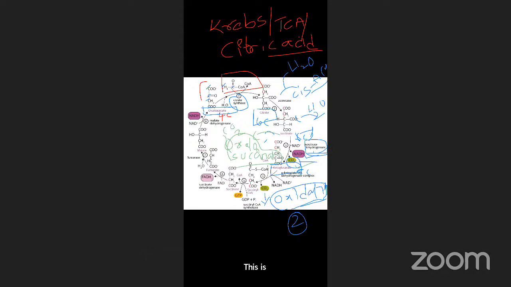In the second oxidation, the same NAD receives hydrogen from the alpha ketoglutarate, as a result forming NADH2, right? As a result, succinyl coenzyme A is formed. Write down succinyl coenzyme A. How many carbons are in succinyl coenzyme A?